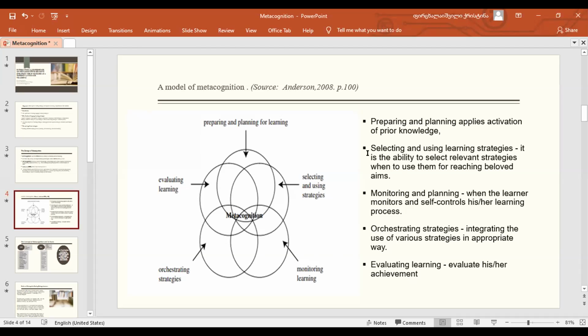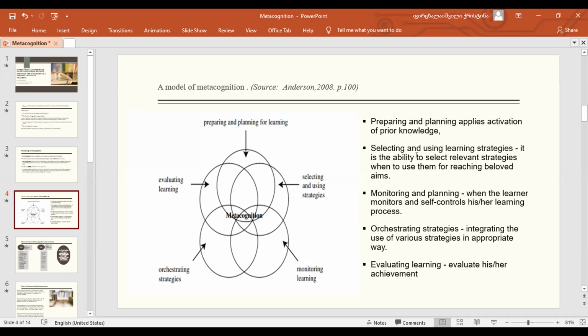So what does each strategy contain? Preparing and planning applies activation of prior knowledge, and of course, we need to wake up our students' prior knowledge to construct new knowledge.